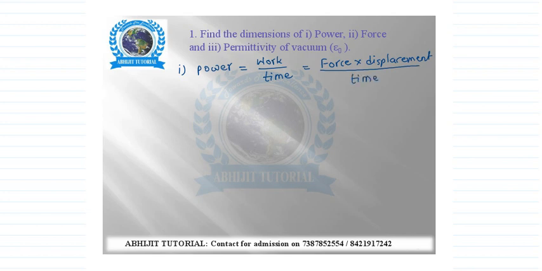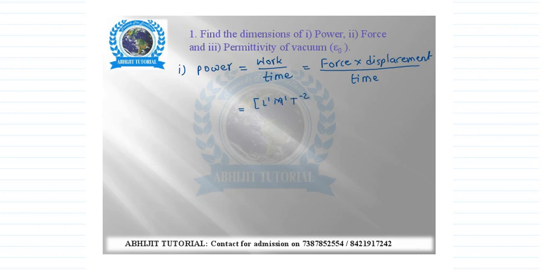Now, we can find the dimensions of force with the help of the physical equation F is equal to ma, that is mass into acceleration. Therefore, the dimensions for the force are L1, M1, and T minus 2.